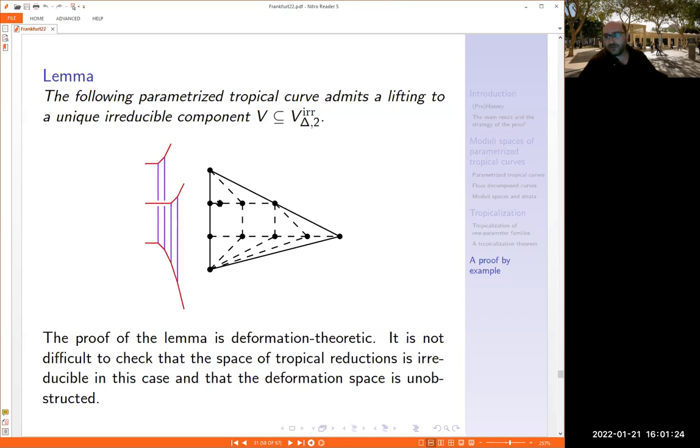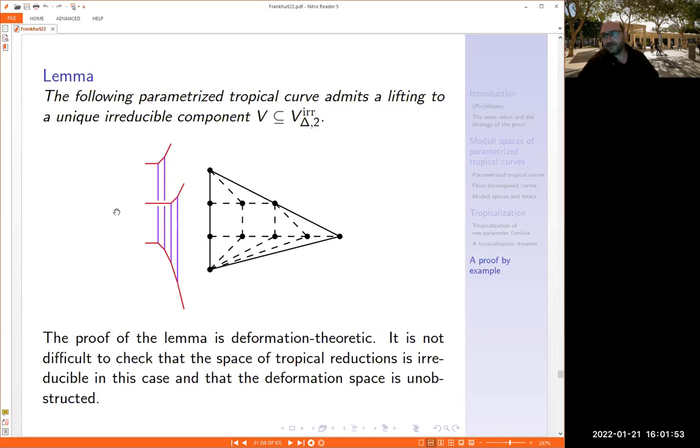So let me also give you some flavor, maybe that will explain why you would expect this curve to be liftable to a unique component. The reason is that this is a multiplicity 1 curve. If you're familiar with Mikhalkin's enumeration, then all these triangles here have area 1/2, so integral area 1, and Mikhalkin's multiplicity in the enumeration is 1.